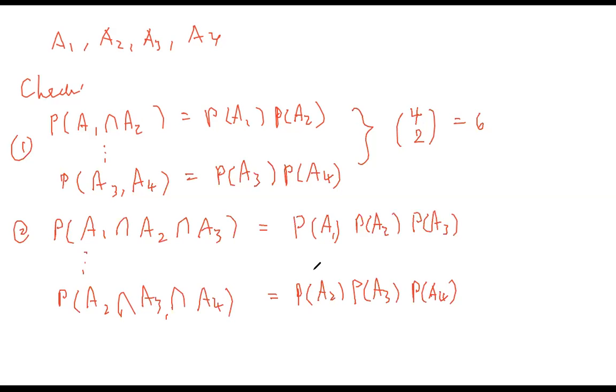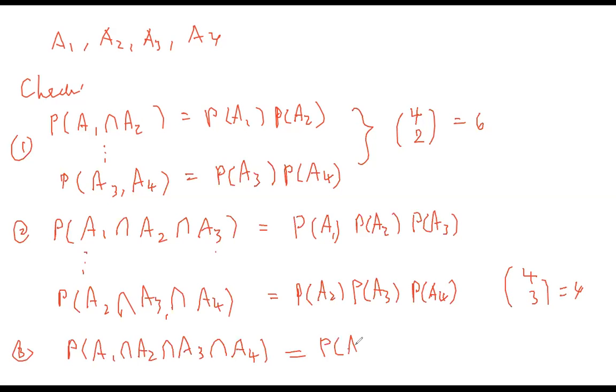Okay, so there will be 4 choose 3, so there will be 4 things to check here. And finally, the last one will be A1, A2, A3, A4. It's equal to the product of the respective probabilities, right? Okay.